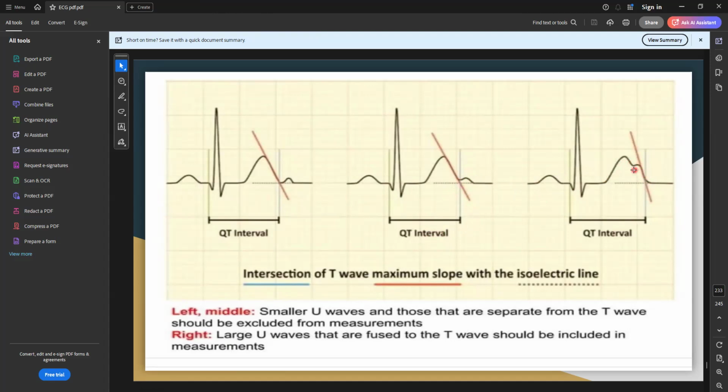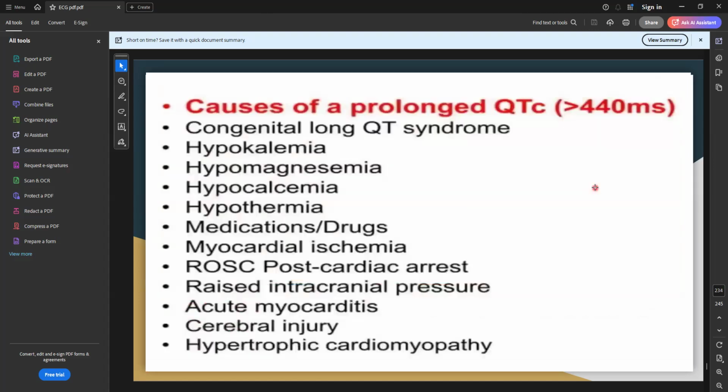So you have to include the U wave also when you are measuring the QT interval. We measure the QT interval from the Q wave to the end of the T wave. When there is a large U wave with the T wave, you have to include the U wave also.